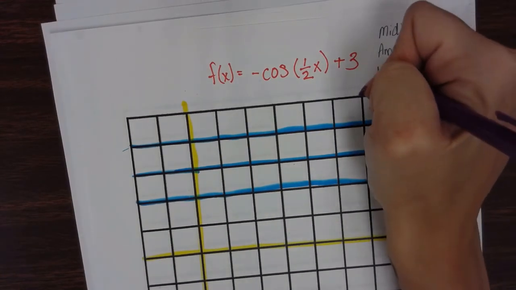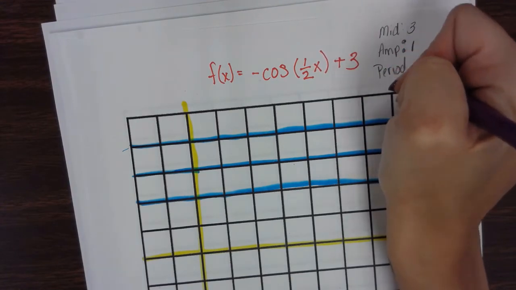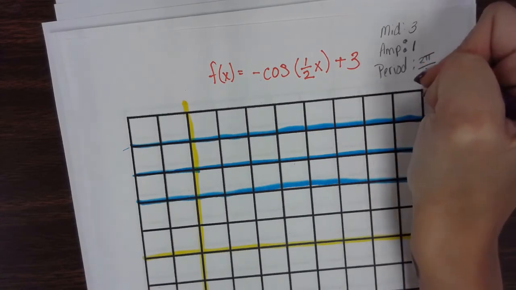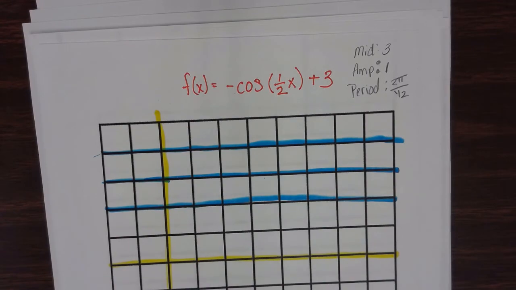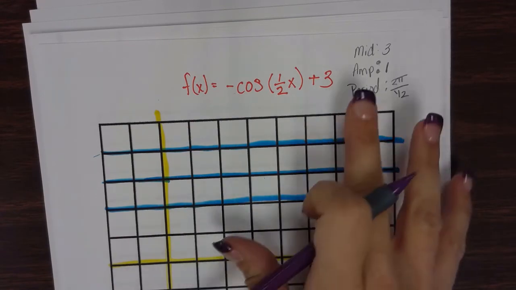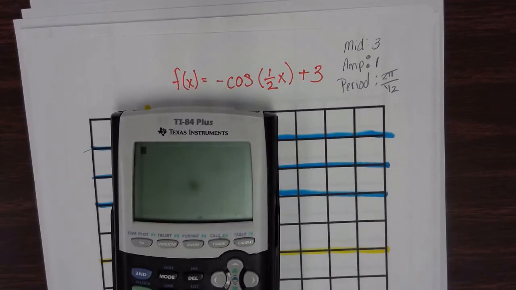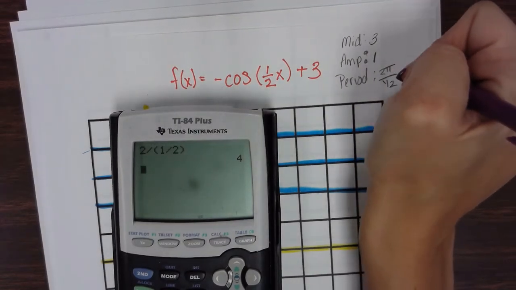We then have our period. 2 pi over b, which in this case is 1/2. I know sometimes I ask you guys to do this math in your head or on paper, but really, you guys, you could grab a calculator right now and say 2 divided by 1/2. Okay, don't include the pi. And we get 4. So this is 4 pi.